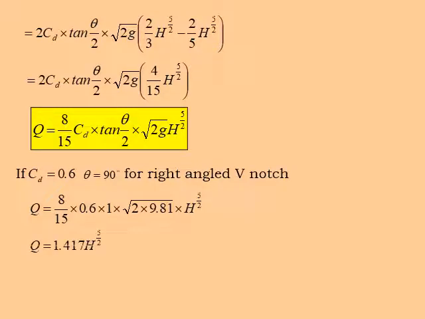After simplification, Q is generally taken as 1.417 h power 5 by 2. So that is one more expression for the discharge through a triangular notch, in case it is a right angle V notch and CD value is equal to 0.6.